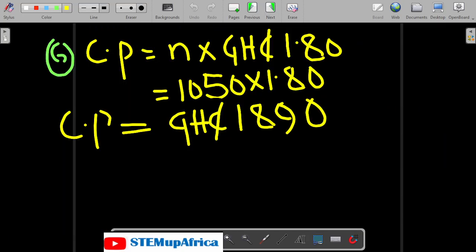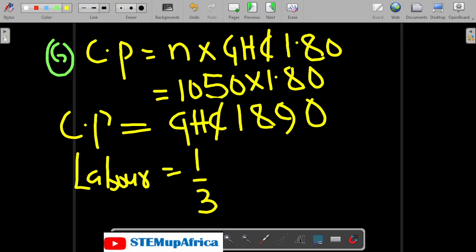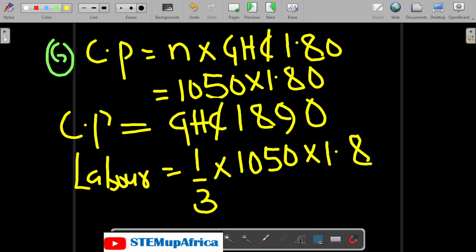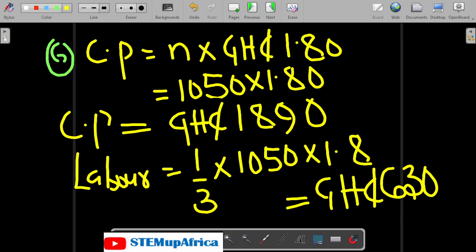So labor will be 1/3 times the amount we used to buy the blocks, that is 1/3 times 1050 times 1.8, the amount for each block. 1050 times 1.8 divided by 3 will give us the amount for labor. We're having 630 Ghana cedis. That's the amount to spend on labor.